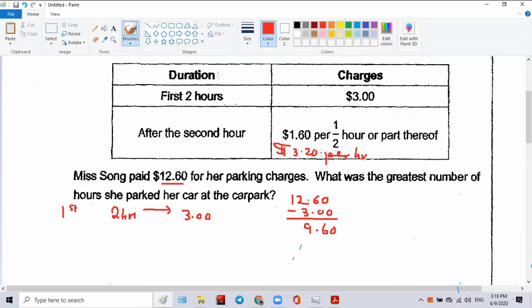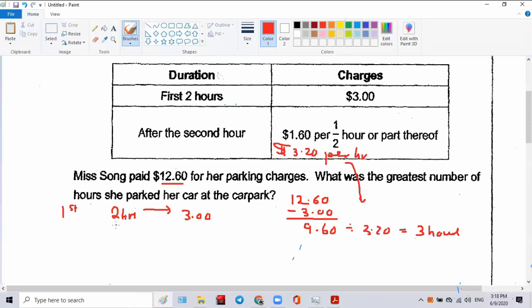After that, she is going to pay $3.20 per hour. So I divide $9.60 by $3.20. That would be equal to 3 hours. Get it? Because $3.20 per hour, $9.60 divided by $3.20 is 3 hours.